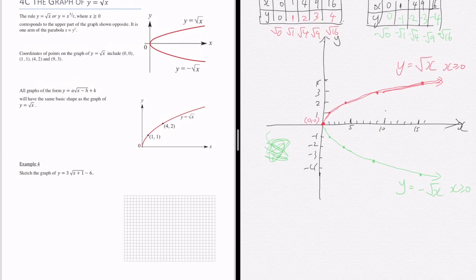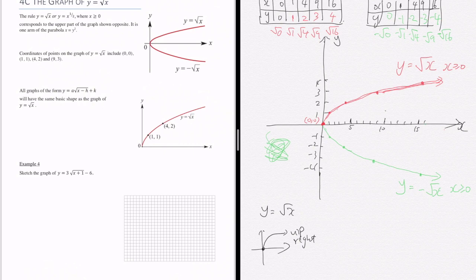In summary, I now know roughly the graph for y equal to square root x. I know it starts from the origin and it goes up and right.